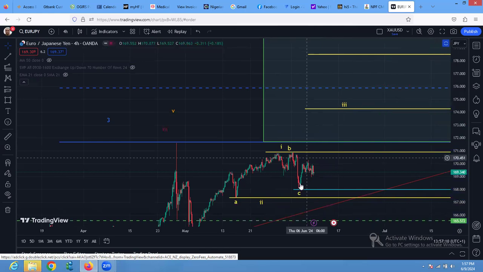Now, as this one is building up, this has finished, and this is like forming an ABC of a 2. This may be a new low for this new wave here that is building up.